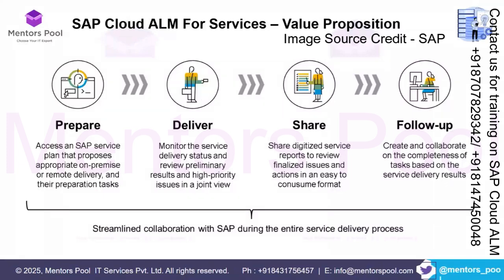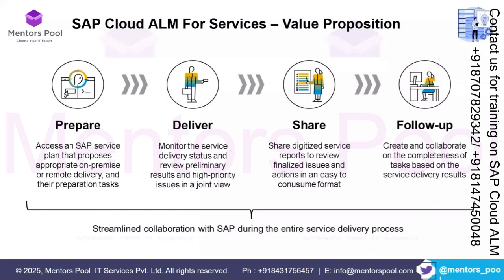And once they share it, everything is in transparency, where the shared digitized service reports can be reviewed to finalize the issues and actions in an easy to consume format, and you follow up on the reply based on what SAP has given. So this is a platform where you can raise your remote delivery tasks and get them done by SAP. And once they're done, they will share the reports, and you can observe, monitor, and create follow-up tasks and the further steps you need to take based on the reports.